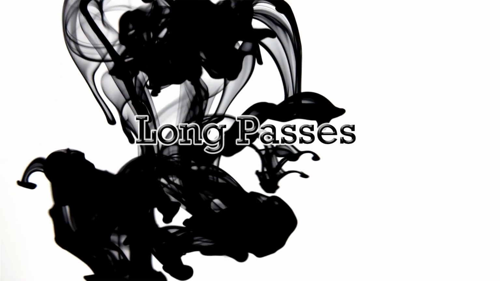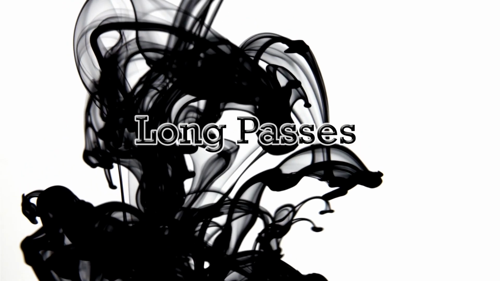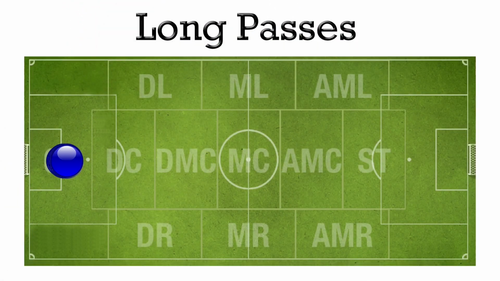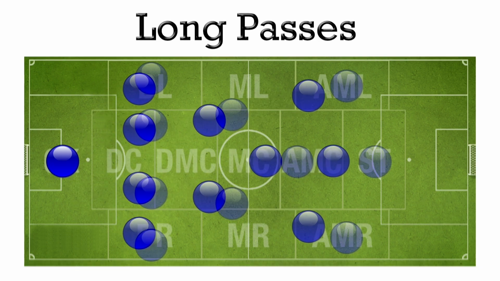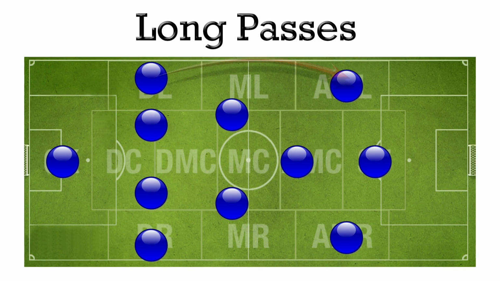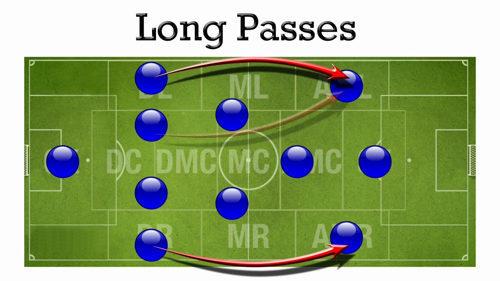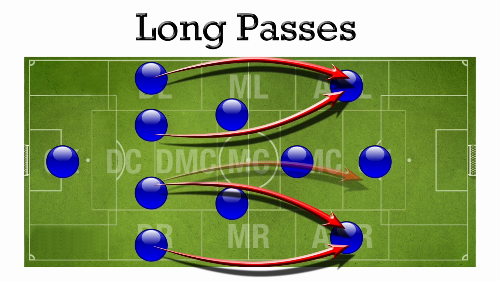Now next is the long passes, which is the complete opposite of short passes. They play in the air and they play deep, bypassing lines. Bypassing lines means your DM and MC line is bypassed, and the ball is passed directly to your AM line and your ST line.